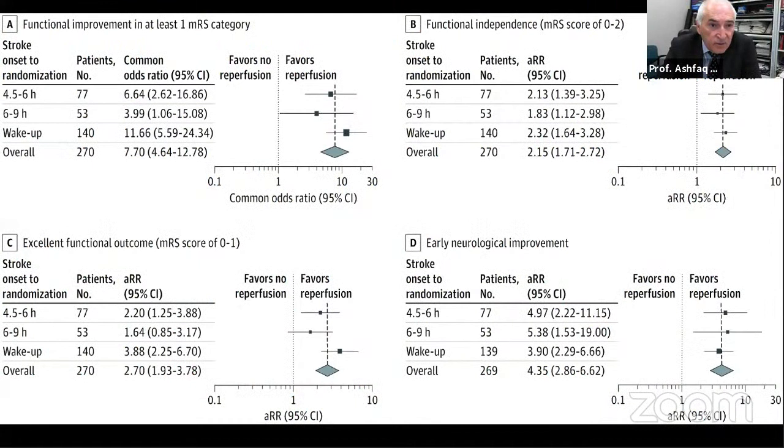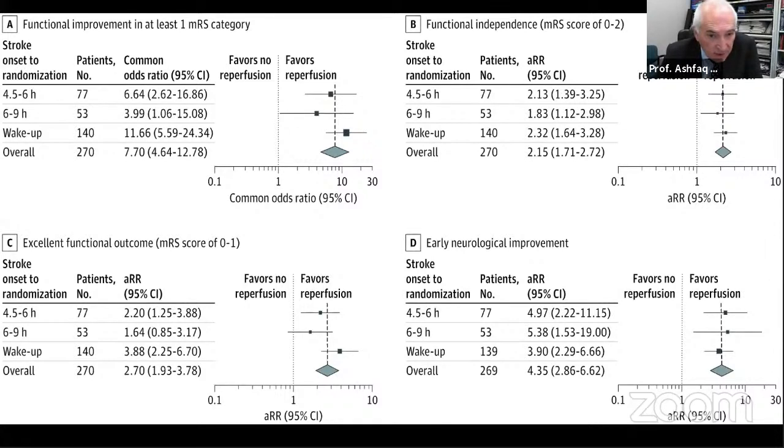Here's an example. If you're looking at functional improvement of at least 1 on the modified Rankin scale, those who get perfusion, you can see that's very impressive. If you look at functional improvement of patients who actually go home, they also are much better off if you give them IV TPA based on perfusion imaging.